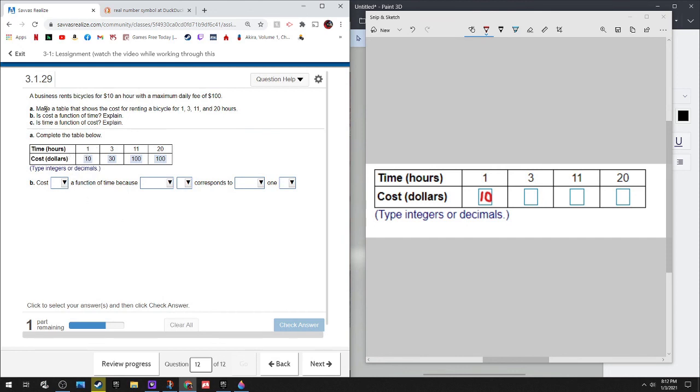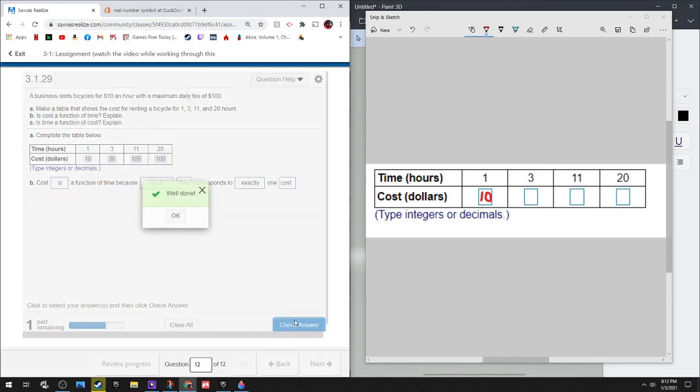So is cost a function of time? What this is saying is cost is the y value and time is the x value, or cost is our output and time is our input. And yes, cost is a function of time because each input, which is each time, corresponds to exactly one cost.